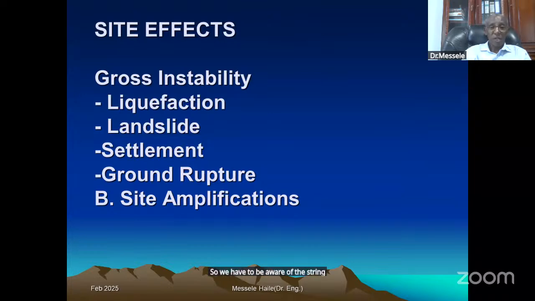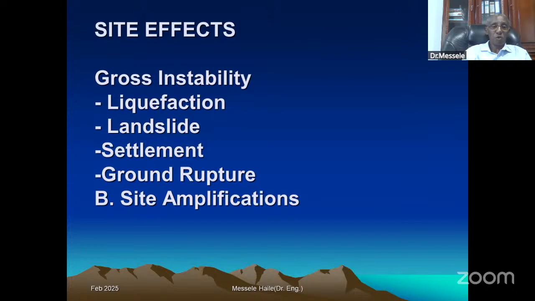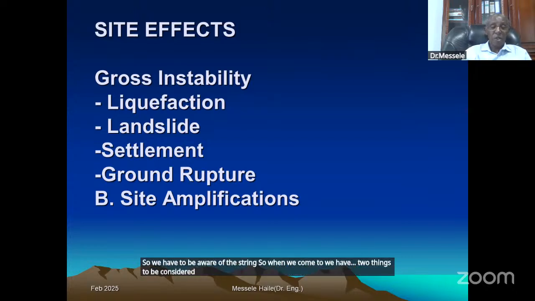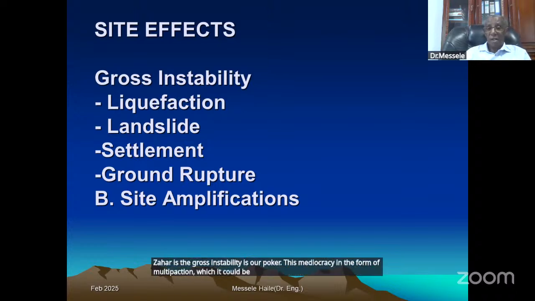So when we come to sites, we have 2 things to be considered or worried about. The first is the gross instabilities that occur. This mainly occurs in the form of liquefaction, which could be gross liquefaction, like in Anchorage, Alaska, 1964, or it could be cyclic mobility.